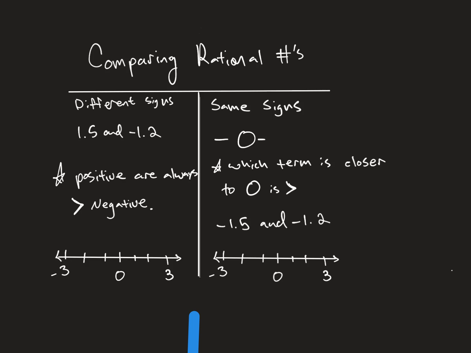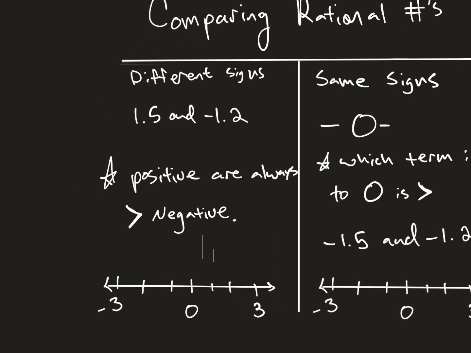Moving on now, when we are comparing rational numbers, there are a couple of things we need to look for. One, do they have different signs or similar signs? If they have different signs, whatever is positive will automatically be greater than the negative. In this case, we would have 1.5 is greater than negative 1.2.